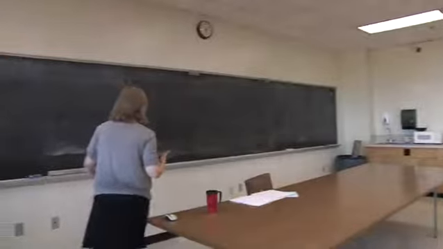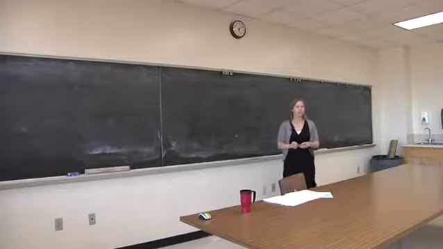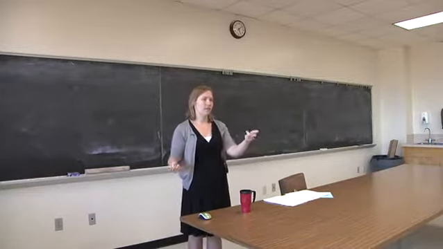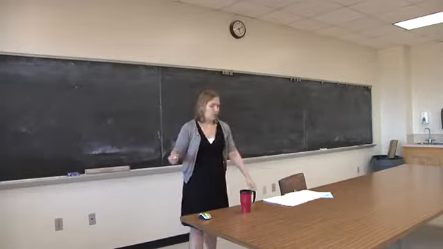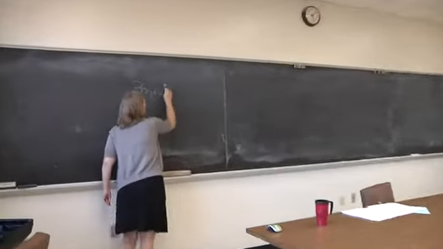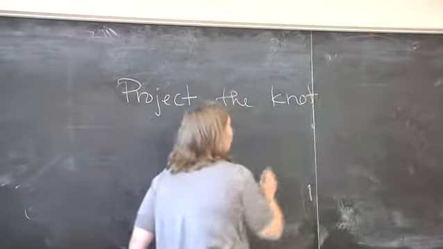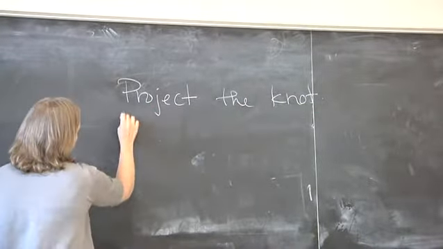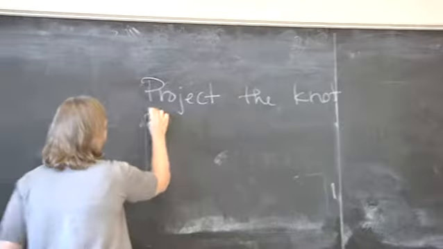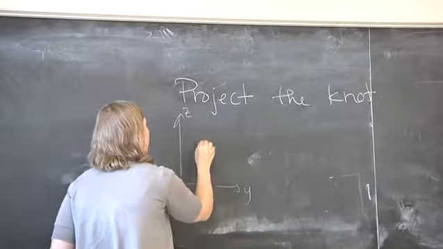Okay, so those knots are in 3 dimensions, and usually when we draw knots, because the knots that I work with have like 90 crossings or more in them, it's really not possible to make them out of rope. So what we do is project the knot onto a plane. So here's a 3-dimensional thing.